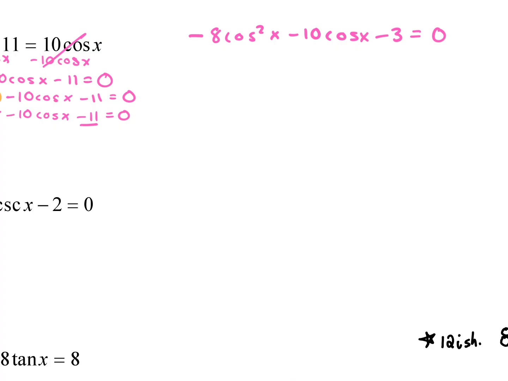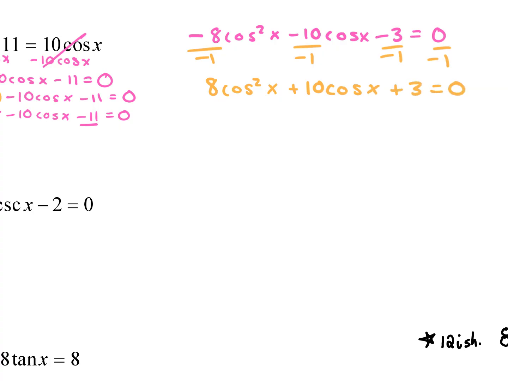Awesome. We're going to have to factor. I don't like to factor when our leading coefficient's negative, so I'm going to divide everything by -1. It's just going to make the math easier for us as we go along. So we have 8 cosine squared x plus 10 cosine x plus 3 equals 0.